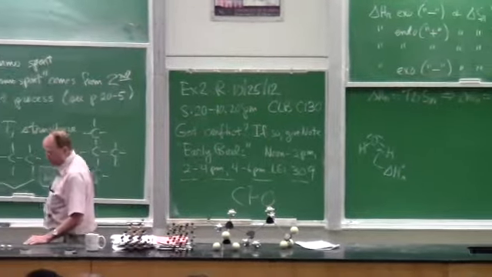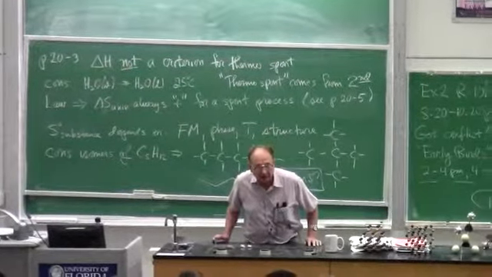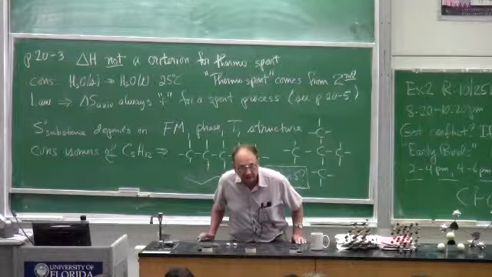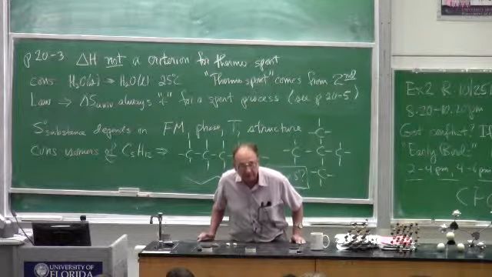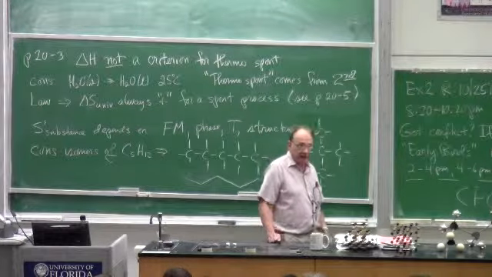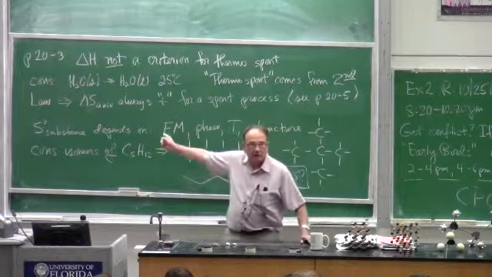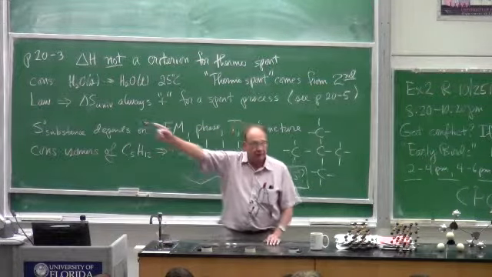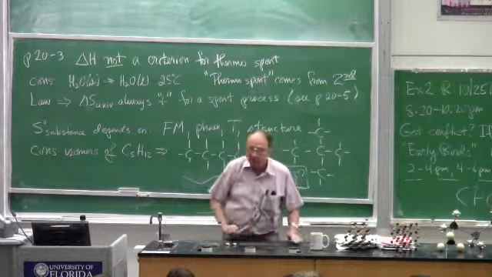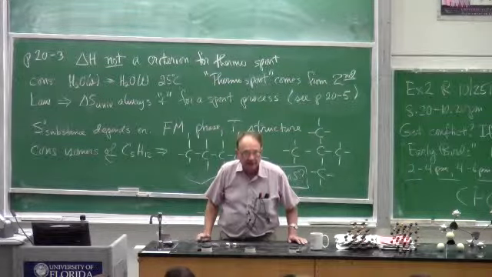In any case, the principal difficulty with talking only about enthalpy and change in enthalpy is that change in enthalpy is in and of itself not a criterion for thermodynamic spontaneity, and that's what we need to know about a reaction. Example, if I remove ice cubes from a refrigerator freezer and put them out here on the lecture bench, what will happen to these ice cubes as we talk? They'll melt.